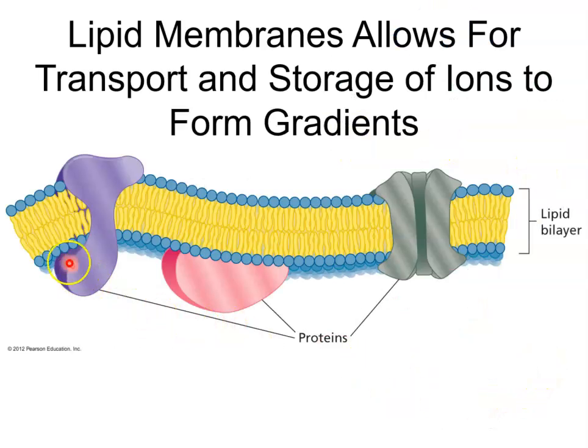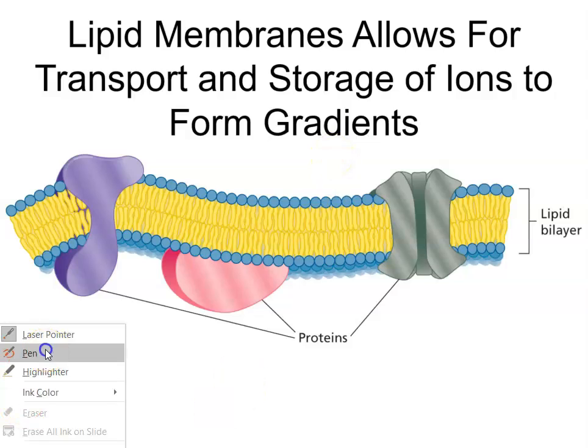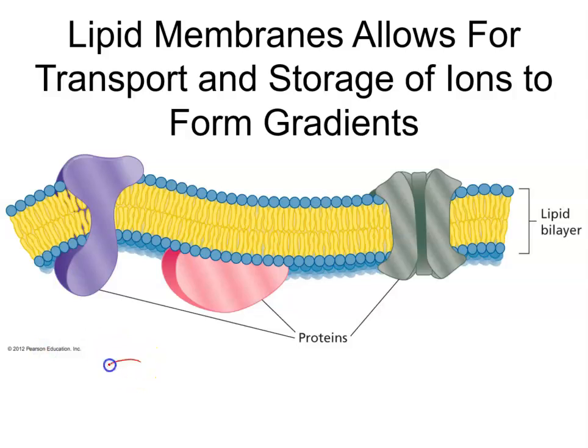And here is an example of lipid membranes. They're really important for allowing the transport of ions and creating these gradients. Remember, we talked about organizing different things. And one of the things that we can do with our mitochondria, this is the most horrible mitochondria, right?